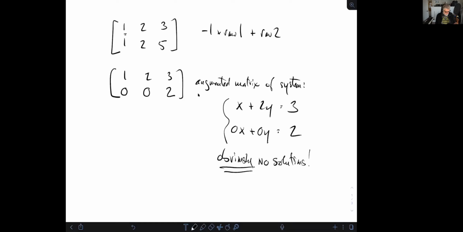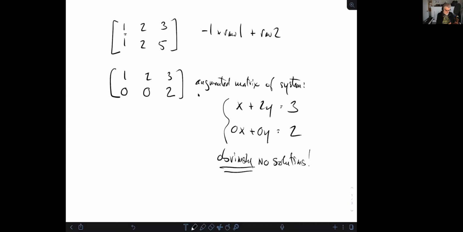Okay. And in fact, it would also be the case for infinitely many solutions. If you can figure out what the last row would be for infinitely many solutions, you can think about it. But again, it's beyond the scope of this course.